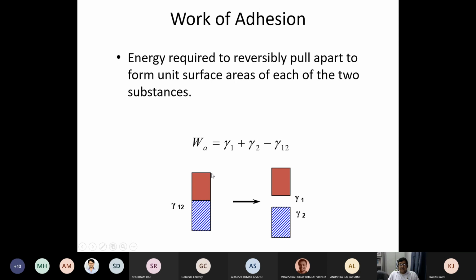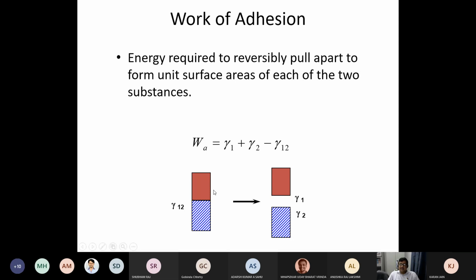So suppose initially you had gamma 1 and gamma 2, and at the end of the process you have gamma 1,2. When you have joined them, you have only this interface, that is gamma 1,2. Now this particular energy, whichever direction you are going, if in this process energy is released, then that is feasible.